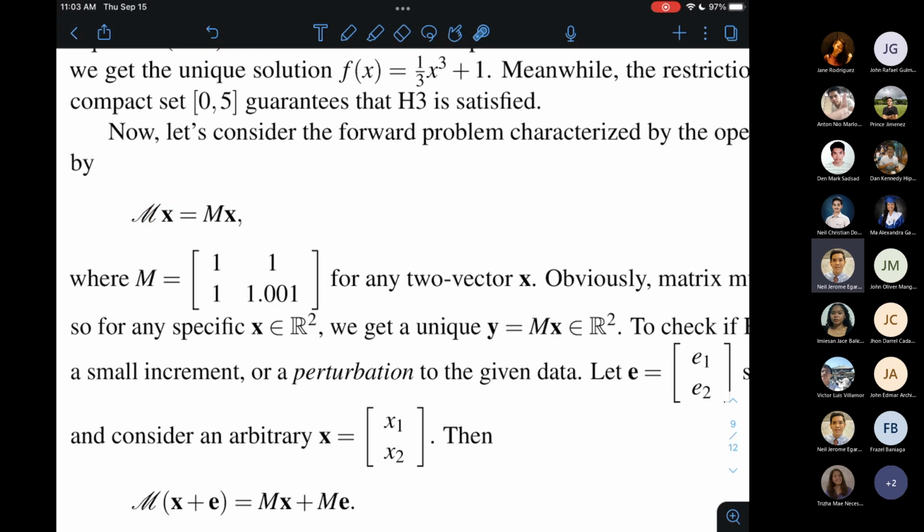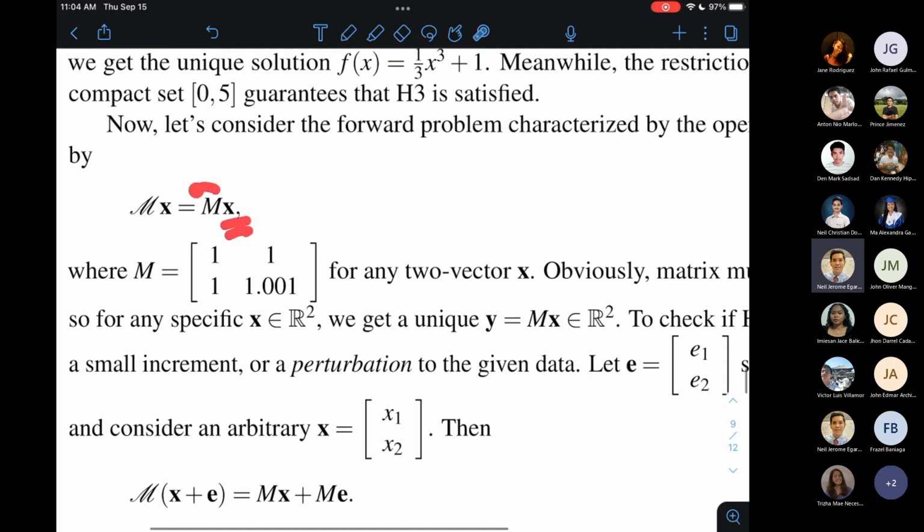So the operator M maps a 2-vector, a 2x1 vector, to another 2x1 vector via the action of the matrix M. So pag binigyan ko kayo ng 2-vector X, ang ginagawa ni operator M, minumultiply niya lang or nile-left multiply niya lang yung given input by the matrix M given by this guy.